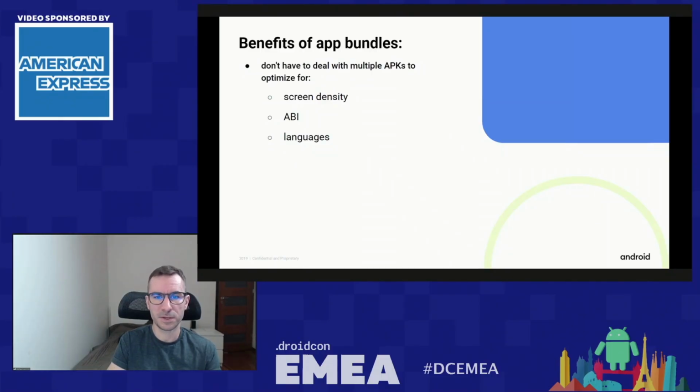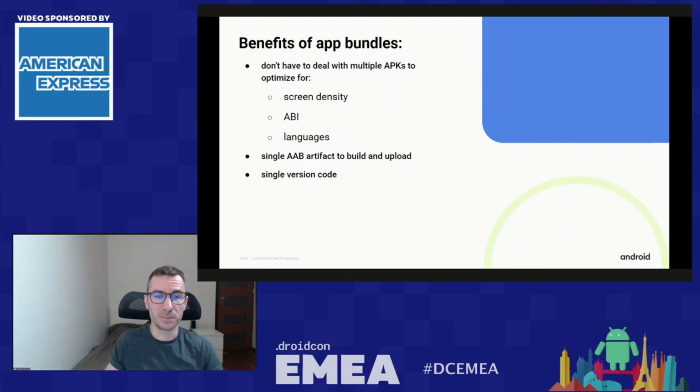Splitting via screen density and ABI was possible using multi-APK before, but it was so hard to manage that few apps actually did it. Now with AABs, so Android App Bundles, you have a single artifact, a single upload, and more importantly, a single version code per upload. Unlike with multi-APK, where each one had to have a different version according to some arcane rules that no one really understood.